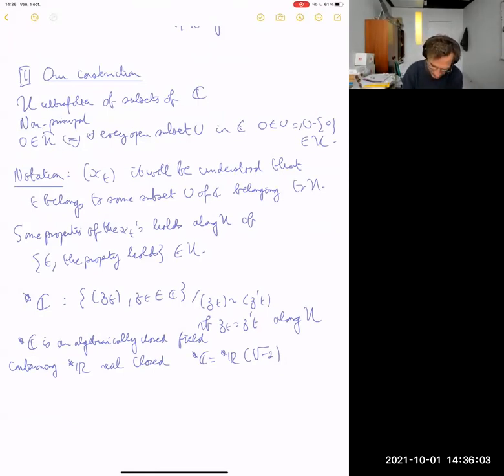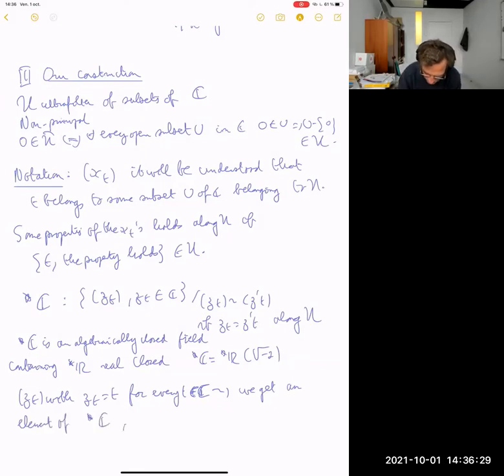So for instance, if I take the family z_t with z_t equal to t for every t in C, then I get an element of *C, which I still denote t, whose absolute value is infinitesimal.